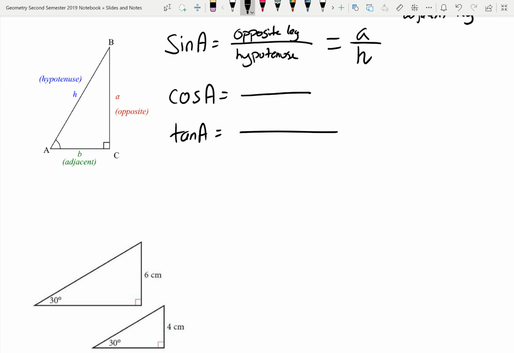Now what does cosine A equal? Adjacent leg over hypotenuse. What letter represents the adjacent leg?